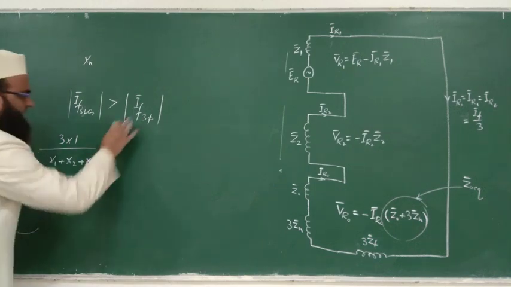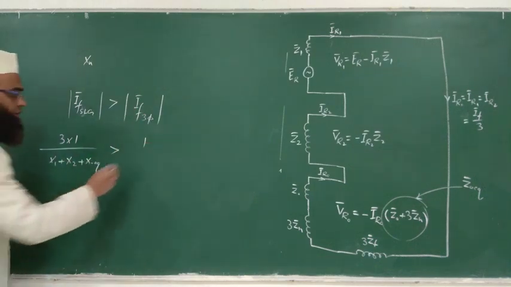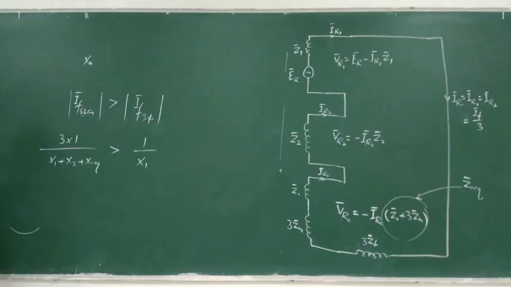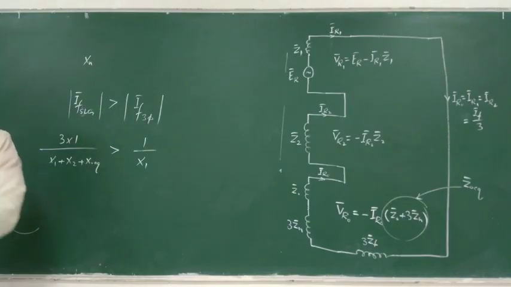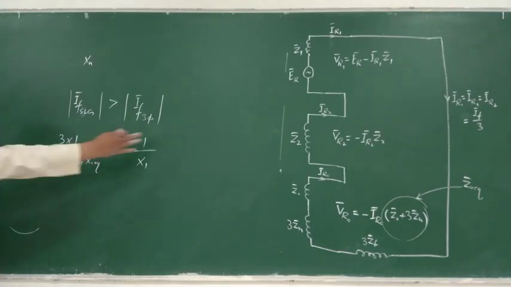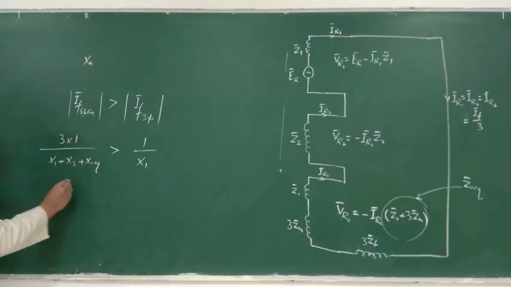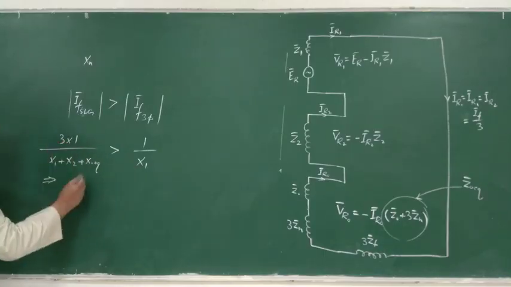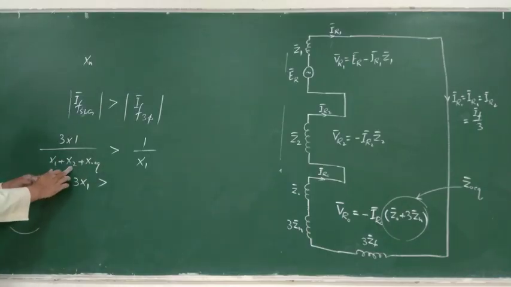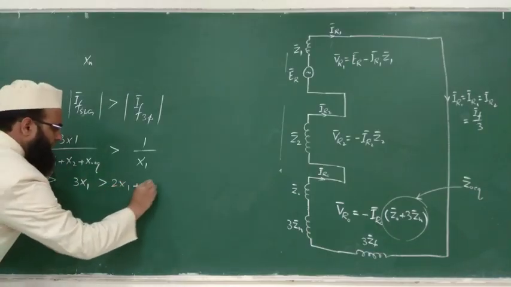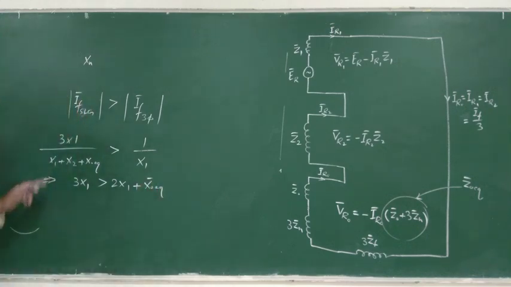Will be greater than, what is the relation for this? 1 per unit upon x1, is not it? Okay, in this problem for a non-salient machine, non-salient means x1 will be equal to x2, right? So for non-salient we may write these two as equal. So this will be x1. So 3 times x1 will be greater than, write this as x1, so 2x1 plus x0 equivalent, right?